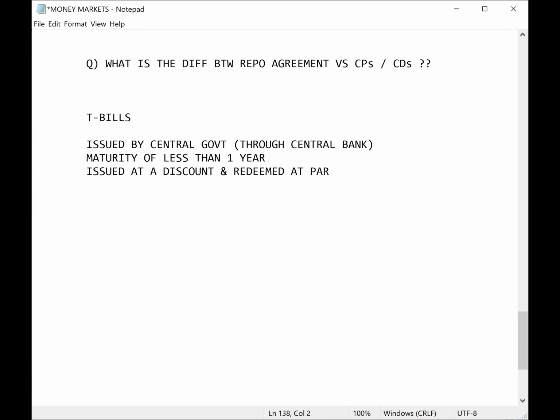Okay. So what happens, guys? There is a bidding process. Anybody aware about this? Anybody knows about bidding process?